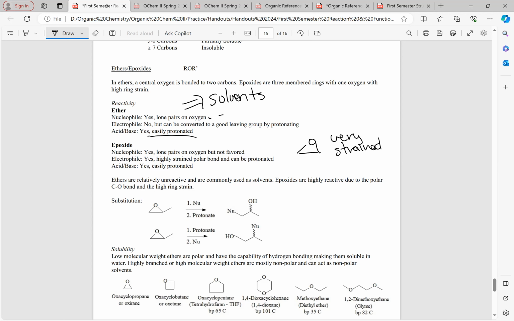All right, this one is less sterically hindered. This one is more sterically hindered. So if you have a nucleophile, we're going to go with sterics. It's going to go to the less sterically hindered side, and it's going to pop open. And then you're going to protonate.